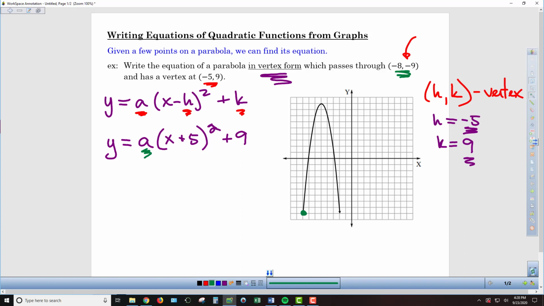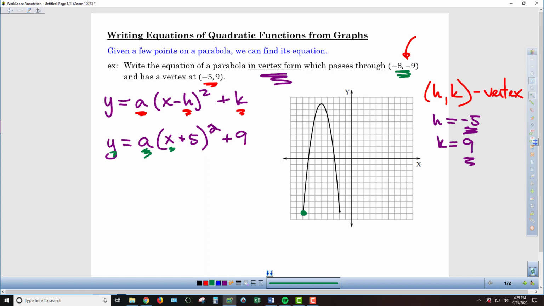They're not lying to me. But if I know that that point is on the curve of my parabola, then I know it's going to work in my equation. So I'm going to make use of that by plugging in those coordinates for x and for y, and then the only thing that will be left for me to solve for will be a. So I just have to be careful about the order.